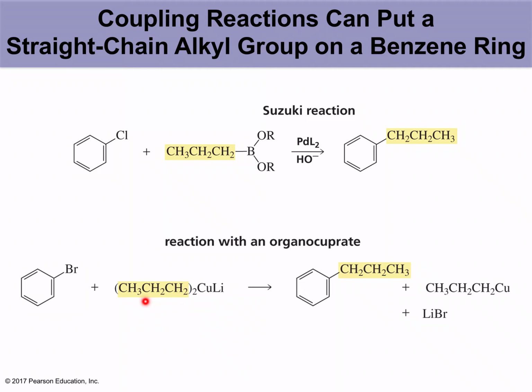Using this alkyl halide and the copper lithium compound we learned when we studied organometallic compounds, I believe in chapter 10. Anyways, you use these two compounds, and the bromine will be substituted with this alkyl group that we want to add.